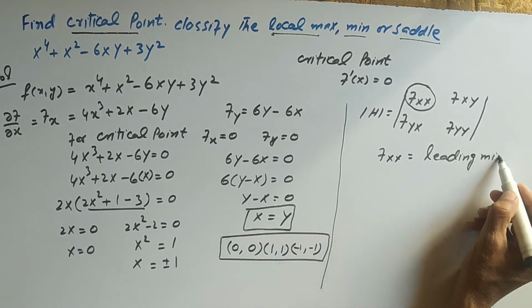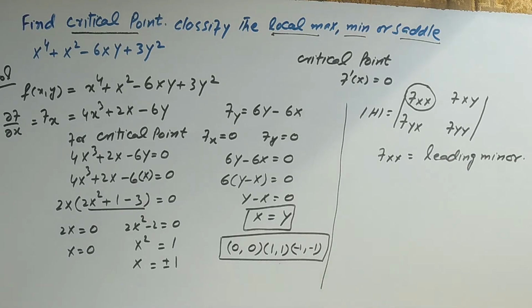So there will be different types of conditions. Now we will have to find the local maximum, minimum or saddle point.